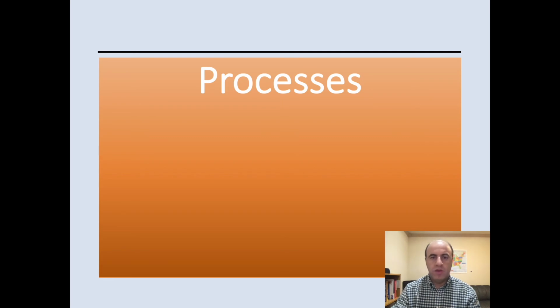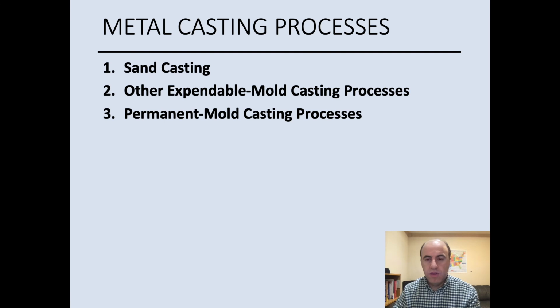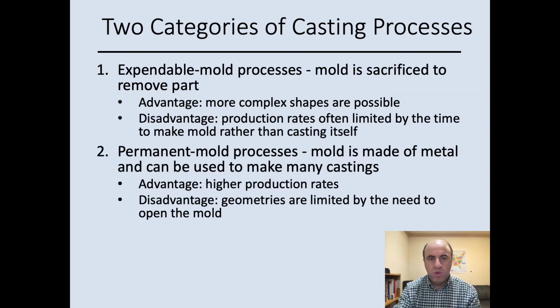Let's go to the processes. There are 3 categories for the metal casting processes: sand casting, other expendable mold casting processes, and permanent mold casting processes. But in this lecture, we will look at 2 categories: the expendable mold casting and the permanent mold process.